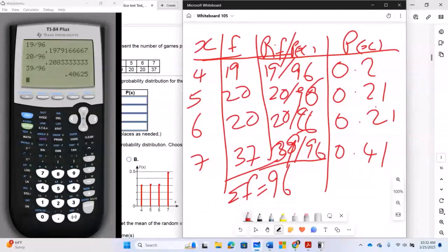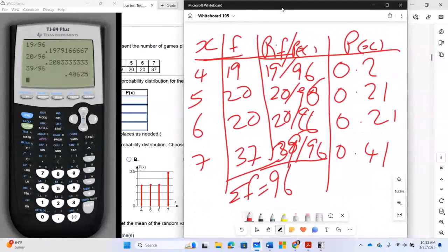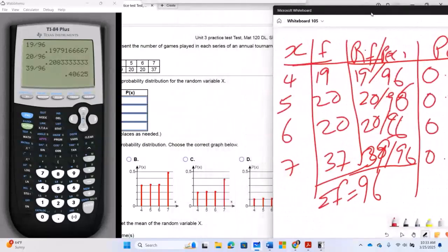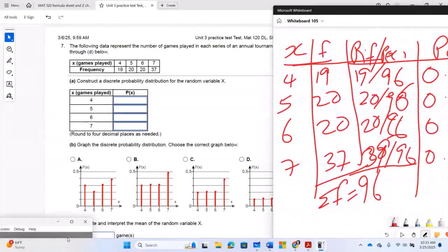So it seems like the first bar should be the smallest bar, and the last bar should be the highest bar. I want to look at which option resembles this. For sure, A is wrong because the first bar is the shortest bar. This looks good, but we want to make sure: 0.2. Is this 0.2?